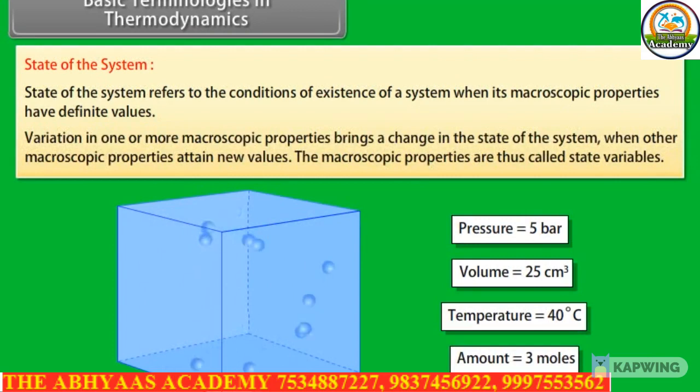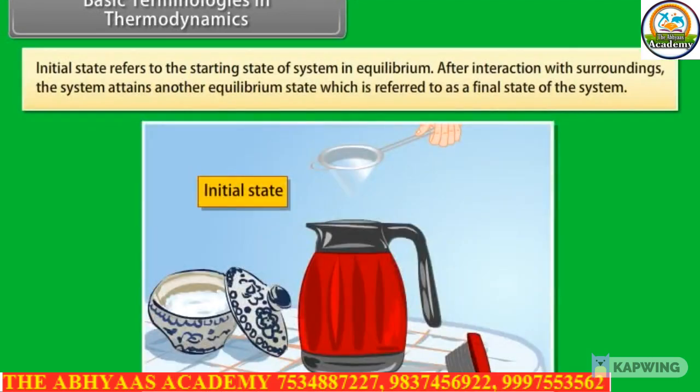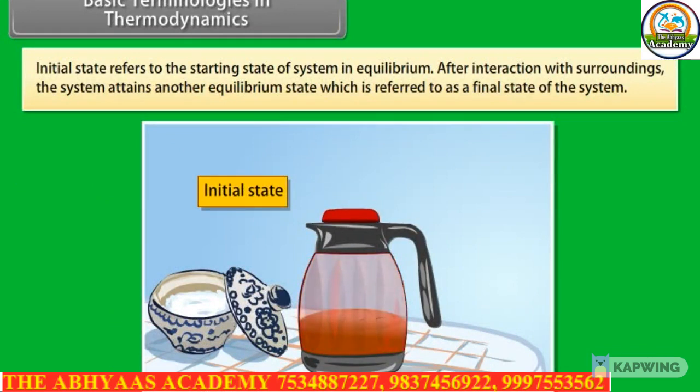Variation in one or more macroscopic properties brings a change in the state of the system when other macroscopic properties attain new values. The macroscopic properties are thus called state variables. Initial state refers to the starting state of system in equilibrium. After interaction with surroundings, the system attains another equilibrium state, which is referred to as the final state of the system.